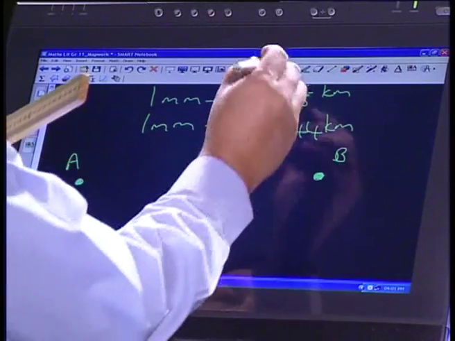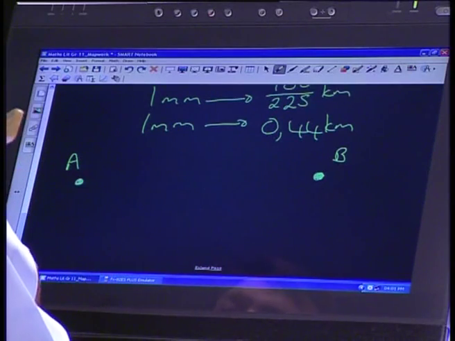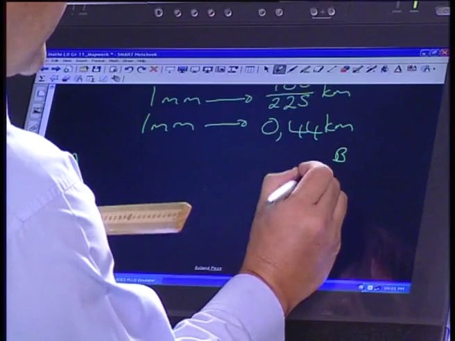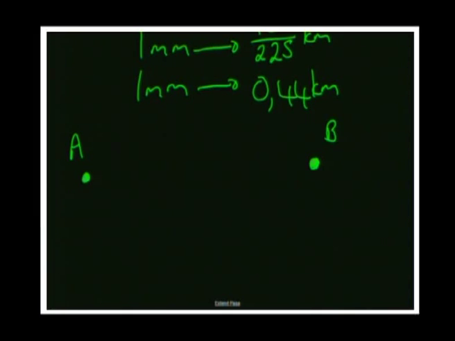So looking at our map, for my distance between A and B, I'm going to take the middle of that dot, and I'm going to show you by putting a little pink dot there. That's not quite in the middle, we'll pretend it is. And another pink dot there. Sorry, every time I do that, my dot moves.